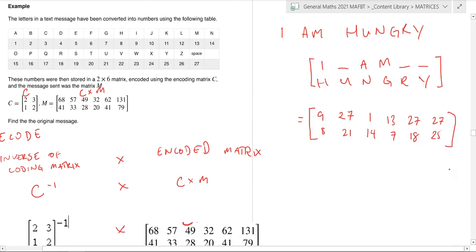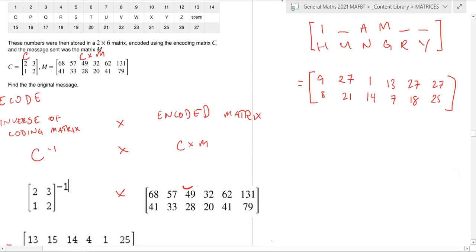So now I want to encode this matrix. I'm just going to use this matrix here to encode it. Remember, this is called matrix M for message.